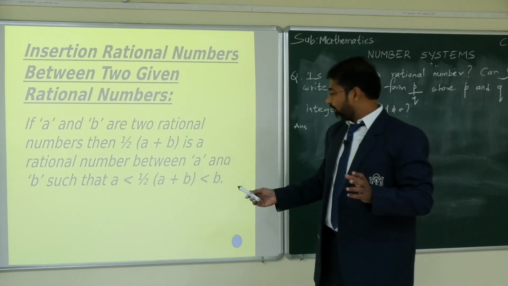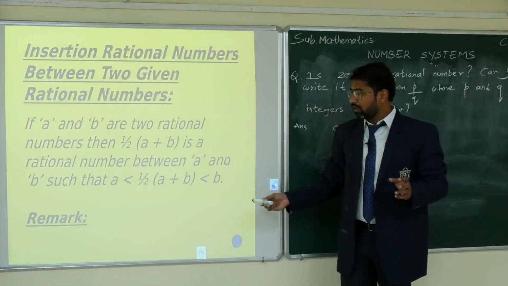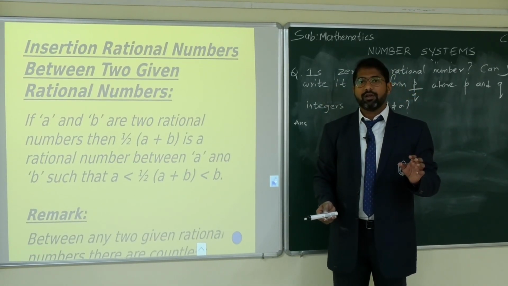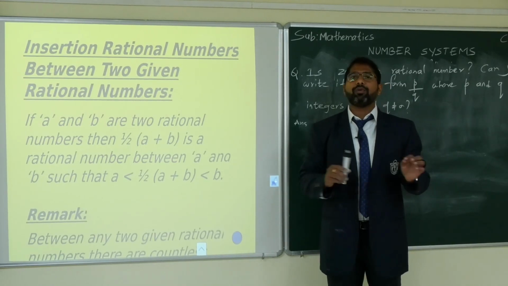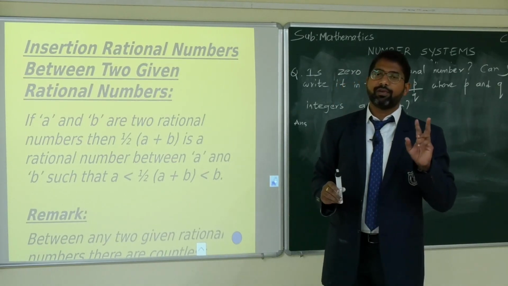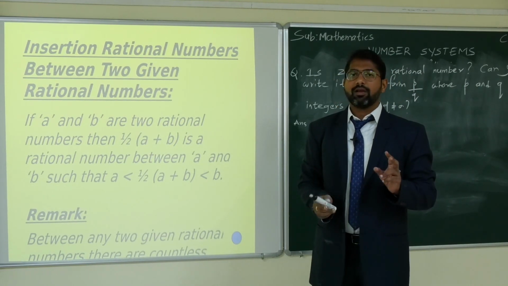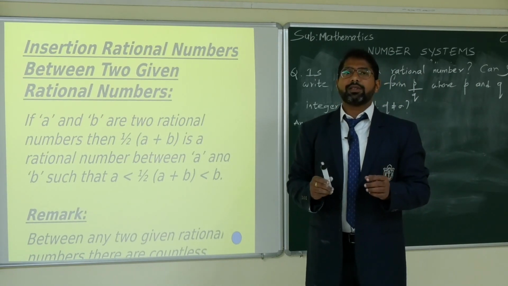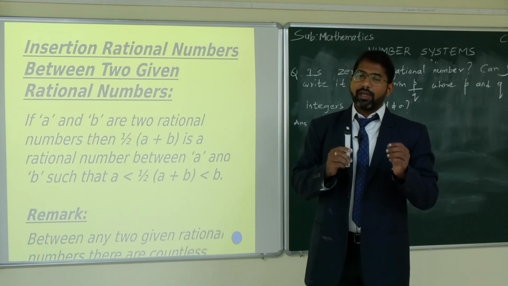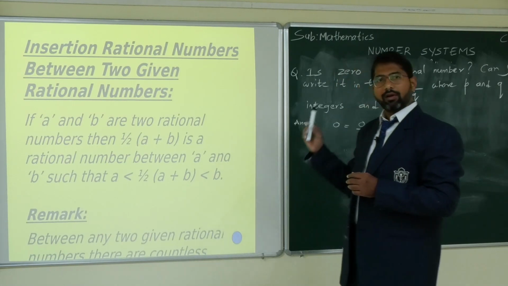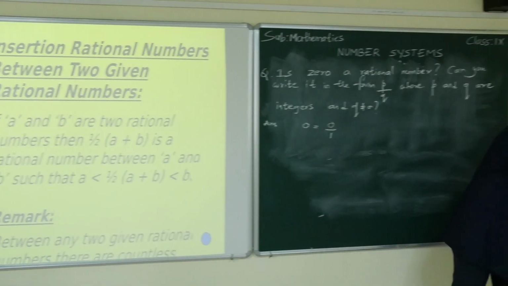In fact, we can insert an unlimited number of rational numbers. There are countless rational numbers between two given rational numbers. Let us learn how to insert any number of rational numbers between two given rational numbers through our sums.